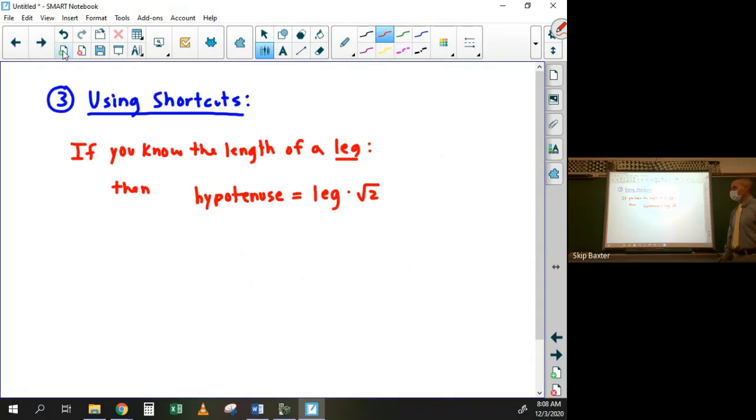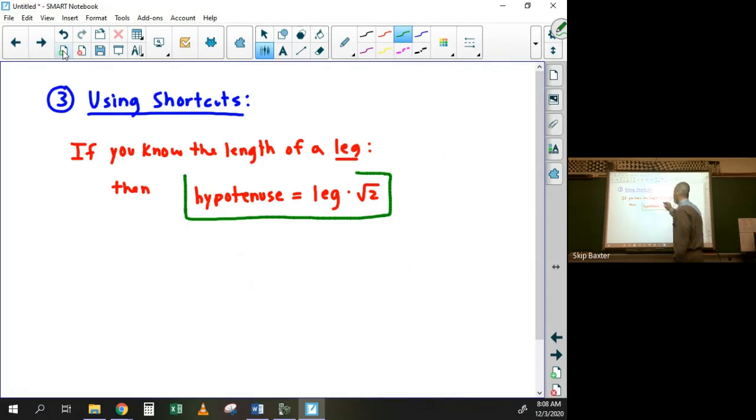It's that simple. The hypotenuse is equal to the leg times radical 2.